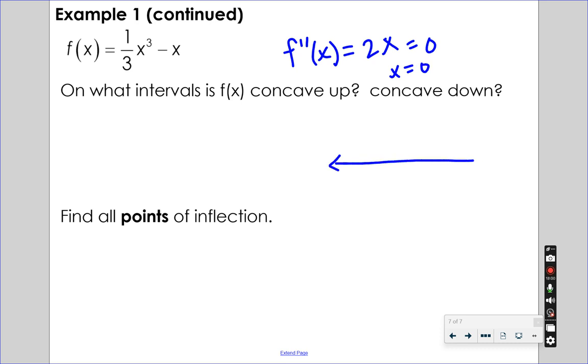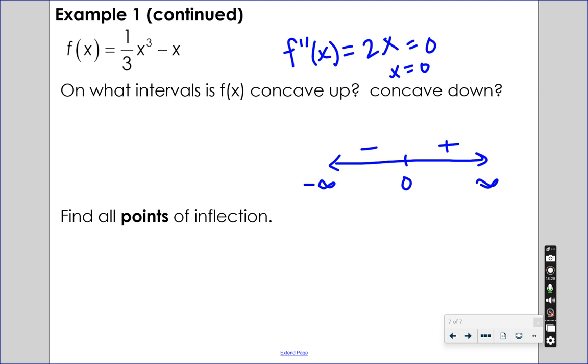Let's make another sign line, this time for the second derivative. I'm going to put negative infinity and infinity on here. And when I'm creating this sign line, I'm using the second derivative. So if I plug in a negative number into my second derivative, what do I get? Negative. Positive would be positive. And think about it, y equals 2x. Isn't that going to go negative to positive?